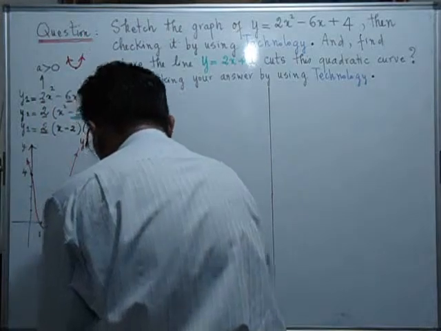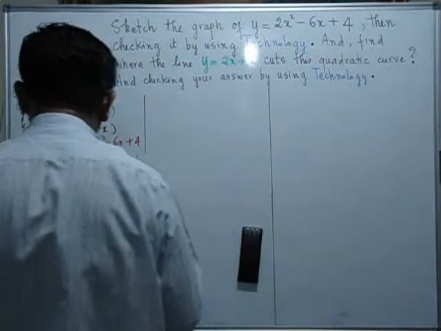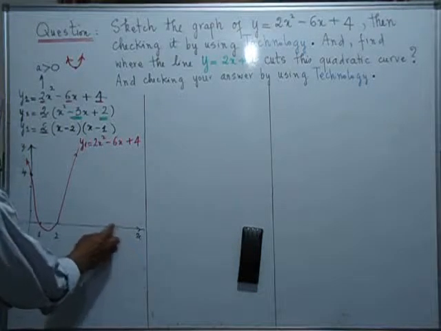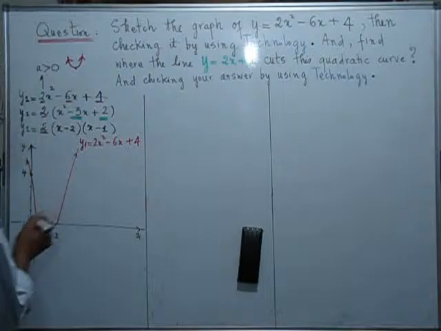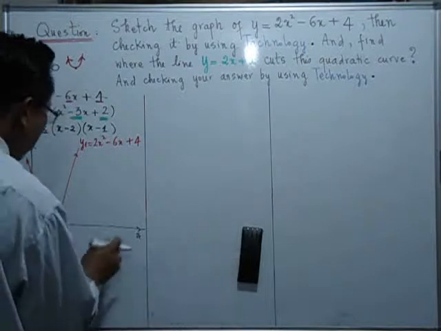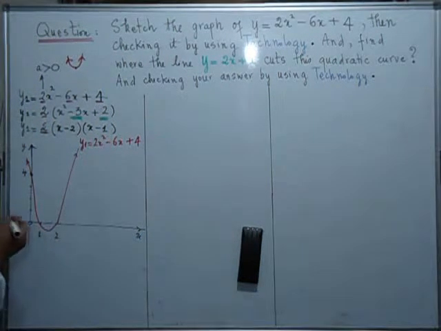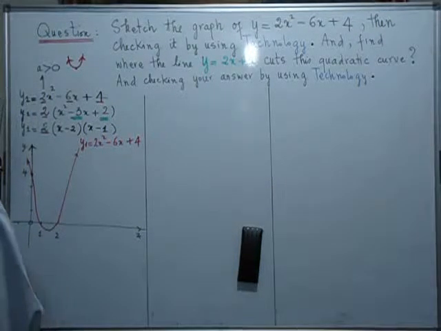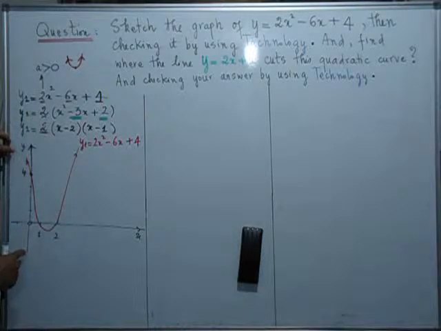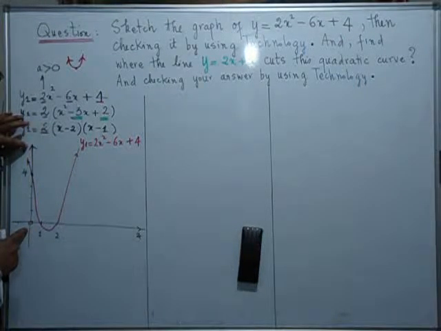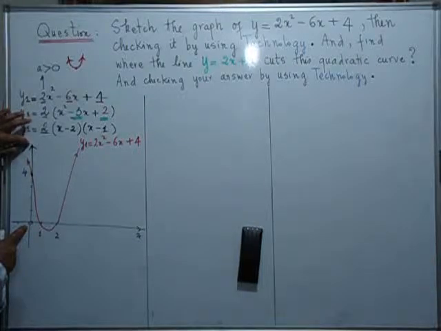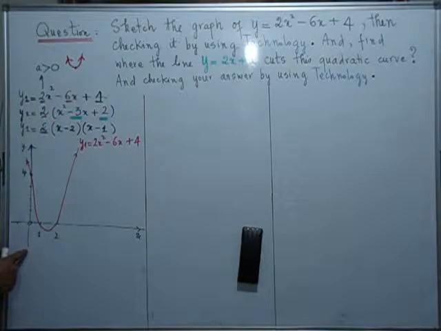So we can set up our window because the x-intercepts are only 1 and 2. We may set up 5 or 6 from the origin going to the right, and the other side maybe 4 or 5. Above from the origin, that may be 10 for us to see, and down here maybe 5.